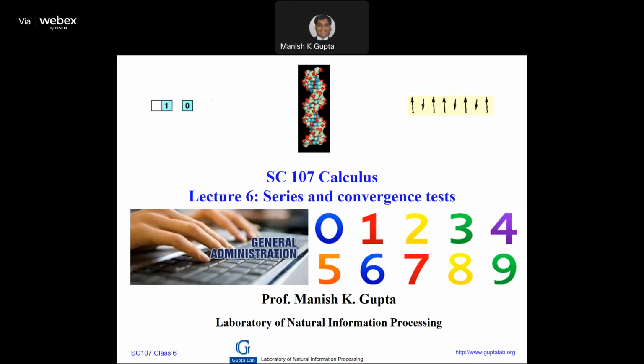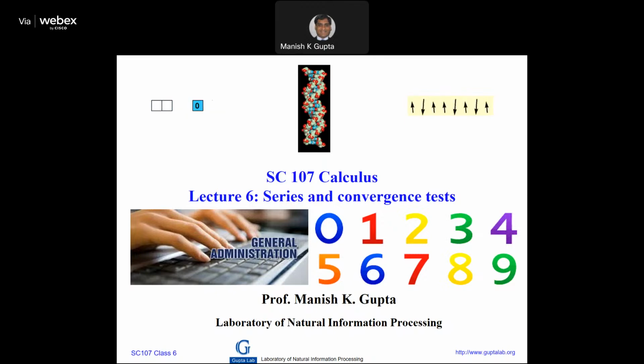Now, we have this sequence 1 by 2, 1 by 3, 1 by n, and the limit as n tends to infinity of 1 by n is equal to 0. Now the question is about series. Many people are confused between sequence and series. A sequence is terms: first term, second term, third term, and so on, with no sigma.